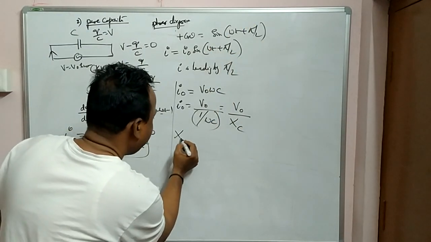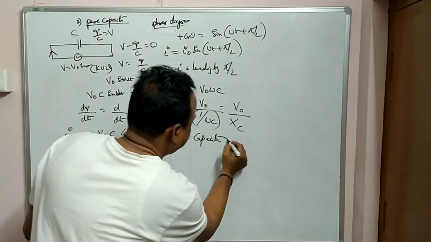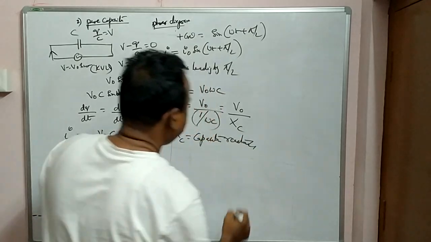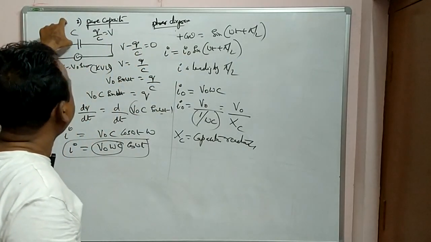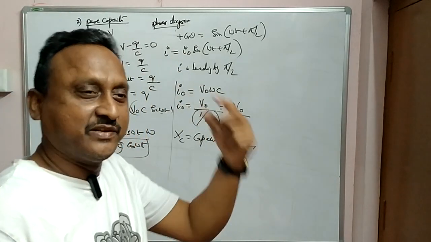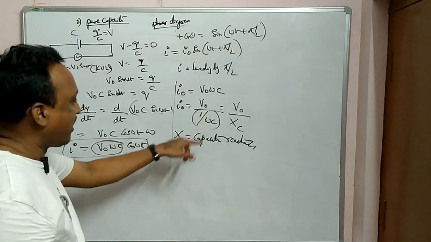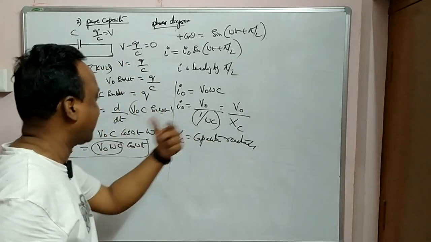Here XC is again another resistance called capacitive reactance. This is also equal to resistance when the circuit is connected with a pure capacitor and alternating voltage. In inductor we had inductive reactance XL, but here 1 by omega C is equal to XC. This is called capacitive reactance.